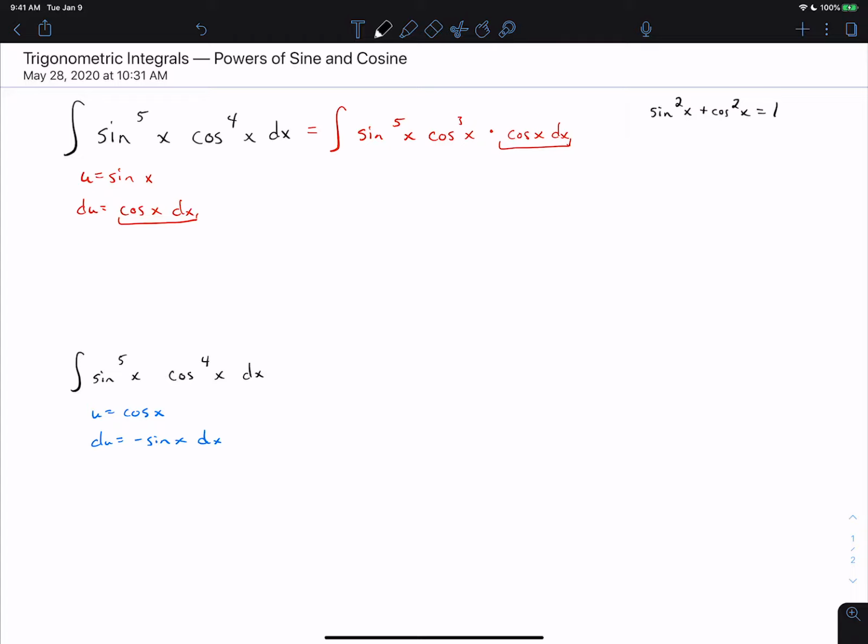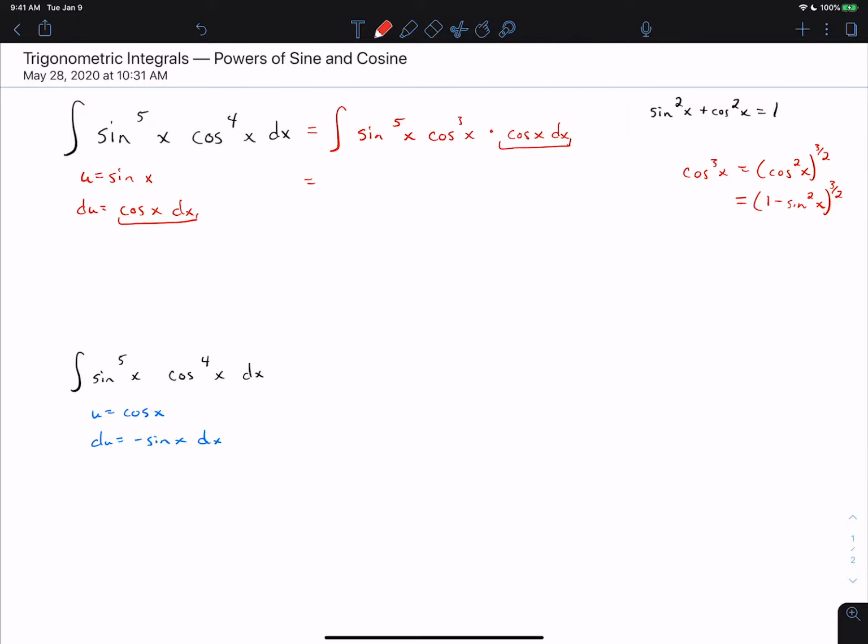So if we have cosine to the third, which is what we want to rewrite, we can think of cosine to the third as being cosine squared to the 3/2 power, because when we raise a power to a power, we multiply. So cosine squared of x to the 3/2 would be cosine cubed of x. Based on the identity at the top, we can rewrite cosine squared as 1 minus sine squared. And so we get 1 minus sine squared of x to the 3/2.